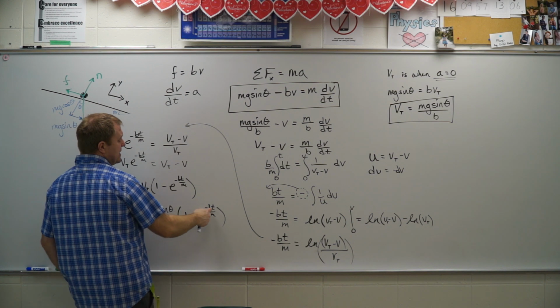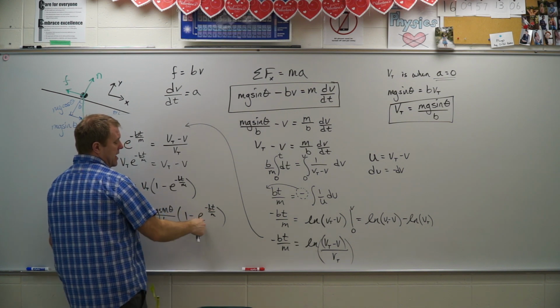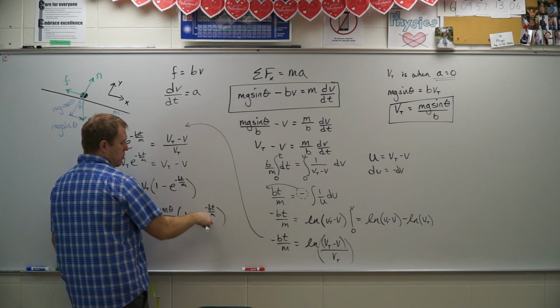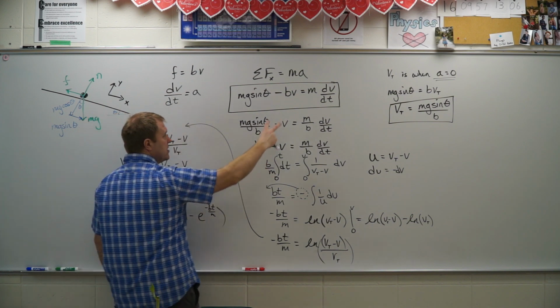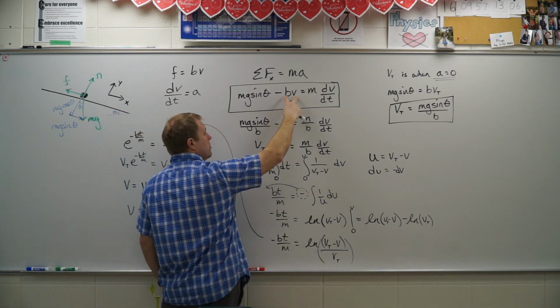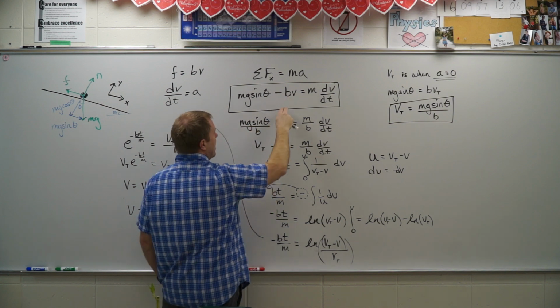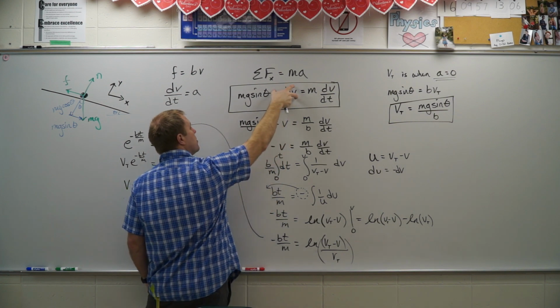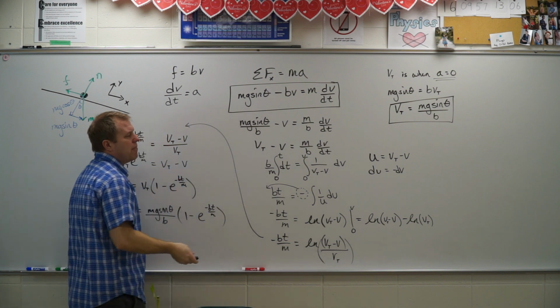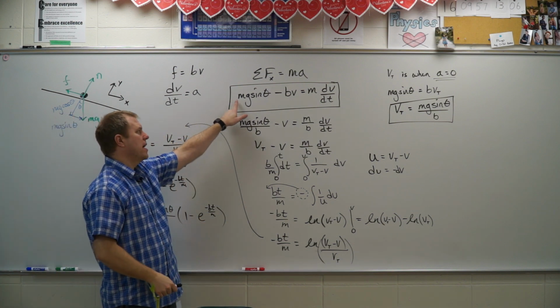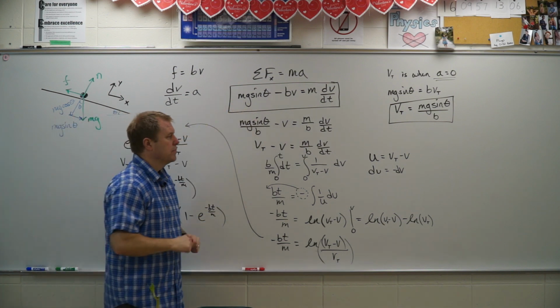And if I plug in 0 for time, I get 1 here. E to the 0 is 1. 1 minus 1 is 0. So this term, the velocity term, is 0. Well, go figure, right, at time 0. So this term all goes to 0. So I know that my acceleration starts out as mg sine theta.